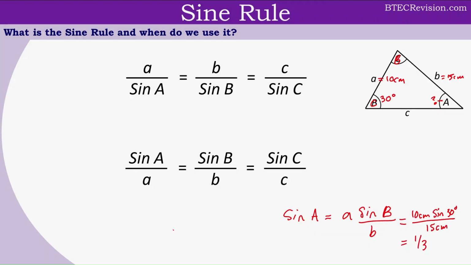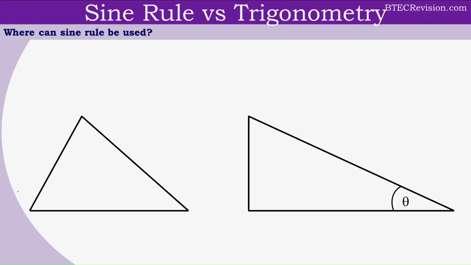To calculate A, we'll take the inverse sine, and that will give us A is equal to inverse sine of 1 over 3. And this gives us a value of 19.5 degrees to three significant figures.